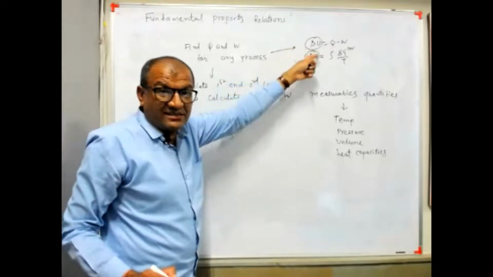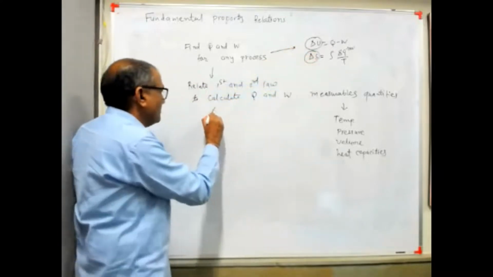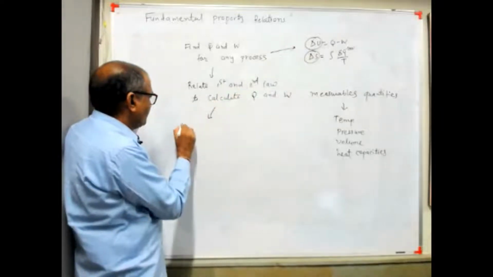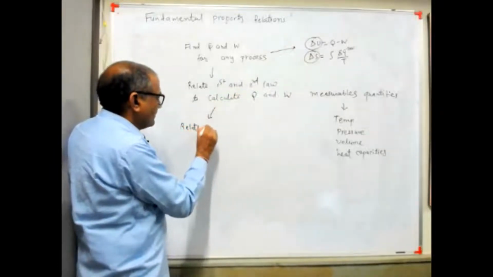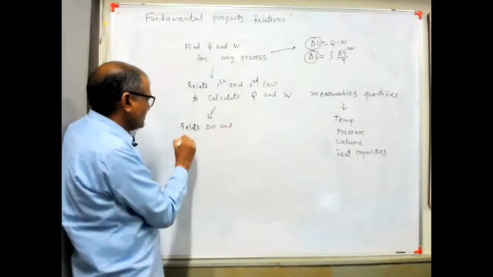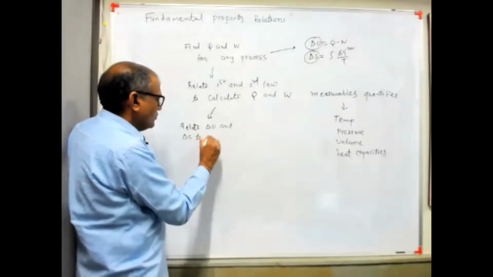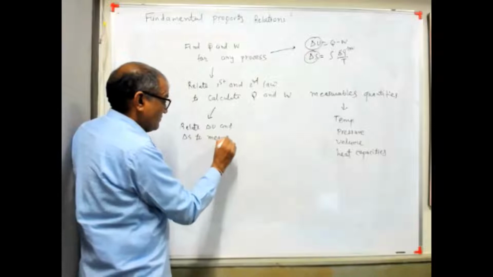This cannot be measured directly. So what can I consider? There are two options: relate delta U and delta S to measurables.